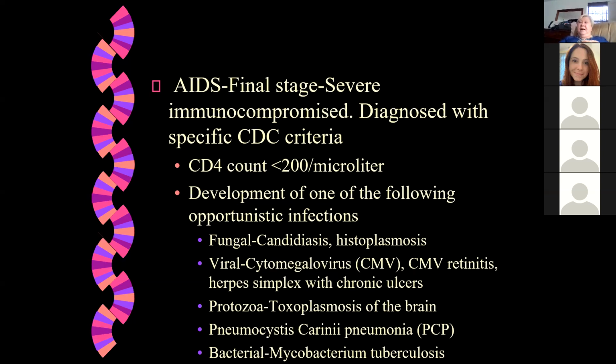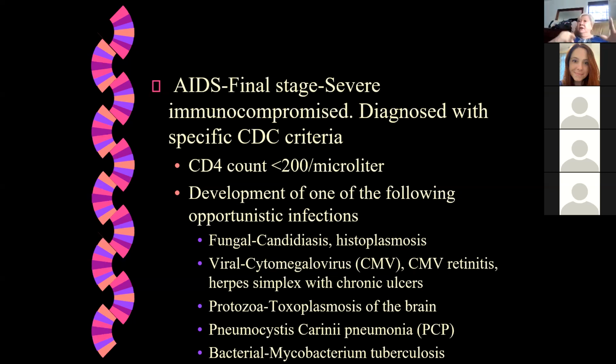If you're HIV positive and you develop one of the opportunistic infections that the CDC has outlined, what does that mean? It means your body has allowed an infection to come about that usually we don't get. Usually we fight it off. But your immune system is compromised and it's given it the opportunity to develop. And I put some of the most common here, but there's a huge list on the CDC website.